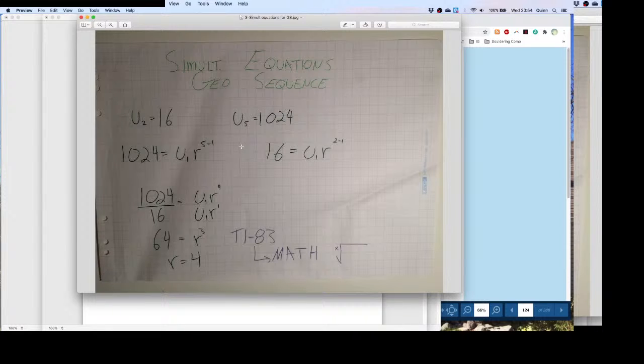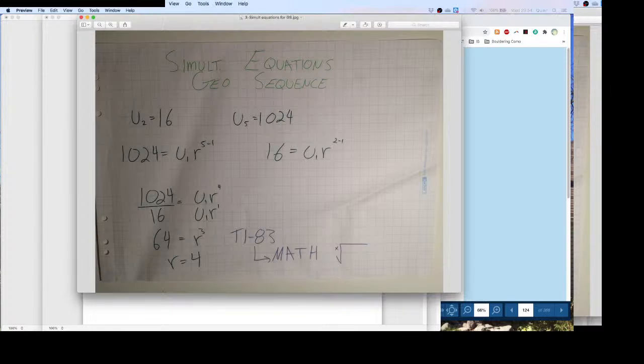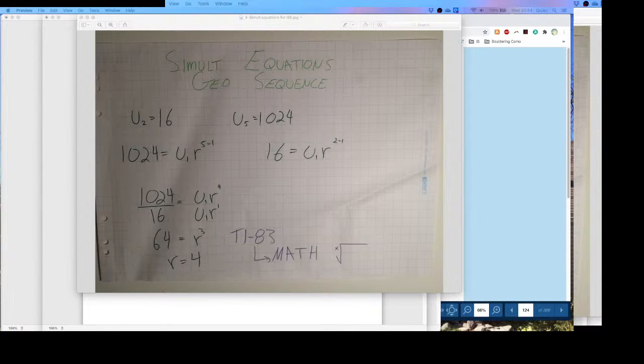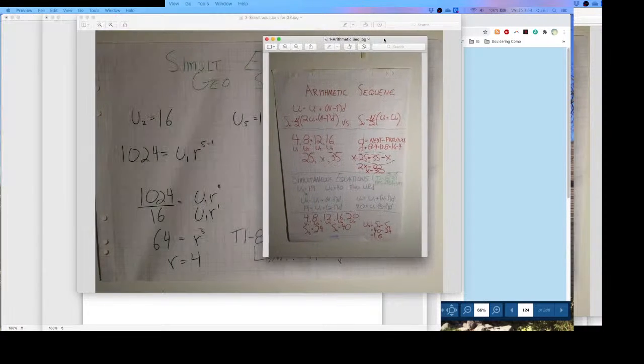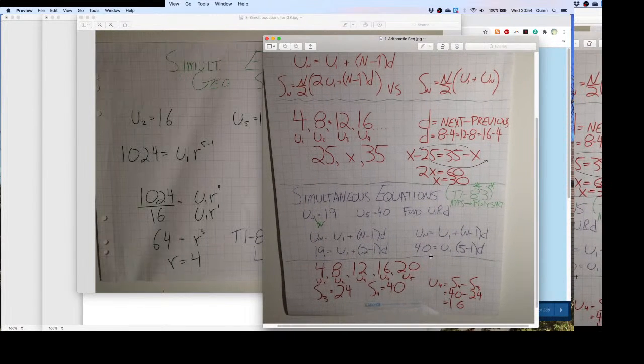So there's one poster, and I think I have another poster of the same thing, but with an arithmetic sequence. Let me take a look. I do. If you look at this poster here, Jeffrey, here's an example where I have U2 and U5. They're too far away from each other to do a common difference, because it's an arithmetic sequence.